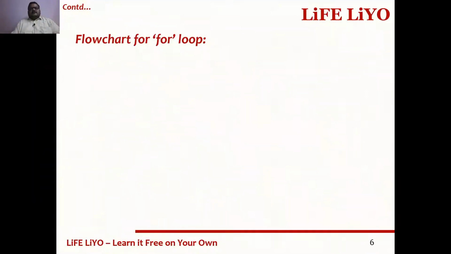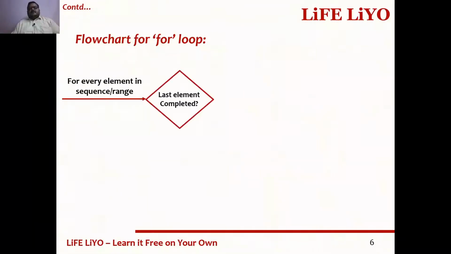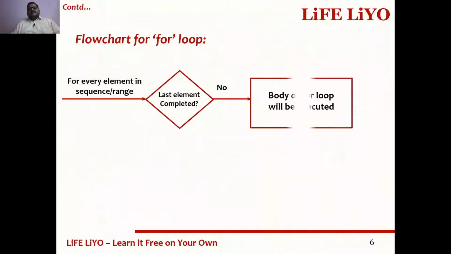So let us see the flowchart for loop. First, you have to take any element in the sequence or in the range. Then it verifies whether all the elements have been completed, that is, whether the last element is completed. No. If the last element is not completed in the list, sequence, tuple or range, then the body of the for loop will be executed.